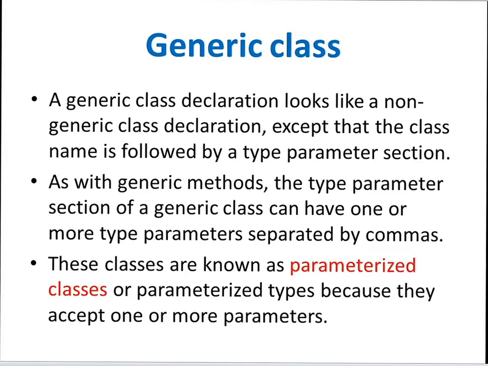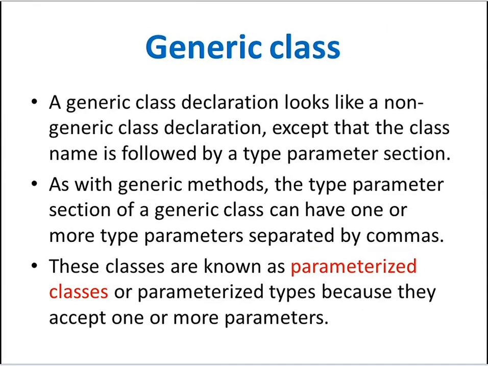Then next is generic classes. A generic class declaration looks like a non-generic class declaration in Java, except that the class name is followed by the type parameter section, meaning generic types.